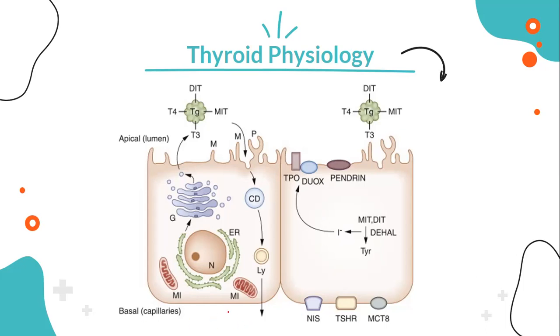And of course it does not reach the peripheral tissues. It is therefore related to hypothyroidism. So Pendred's syndrome is related to hypothyroidism. One type of hypothyroidism would be related to Pendred's syndrome.